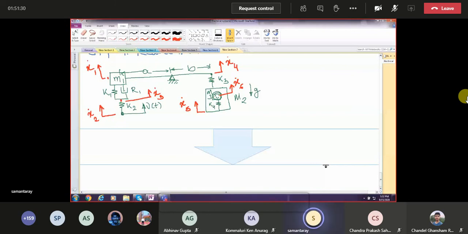So now I will put one junction for each one of them. I will put one x1 dot. Then I will put one x2 dot, and x3 dot slightly below. Here let me put one x4 dot.